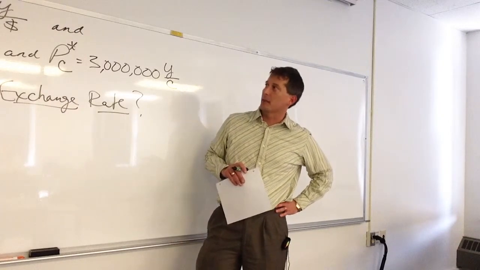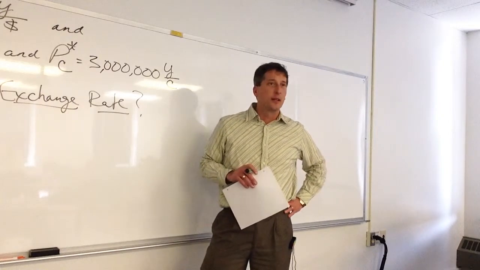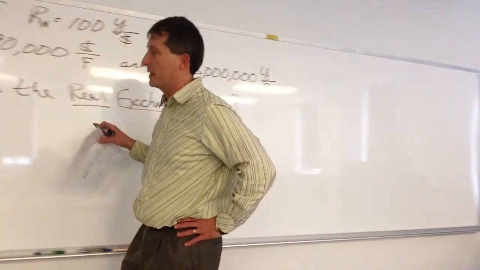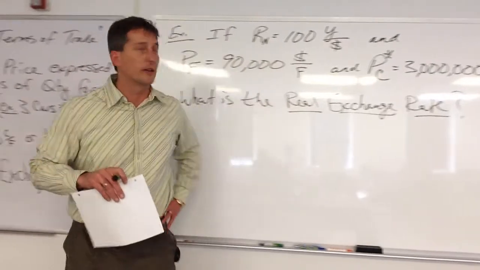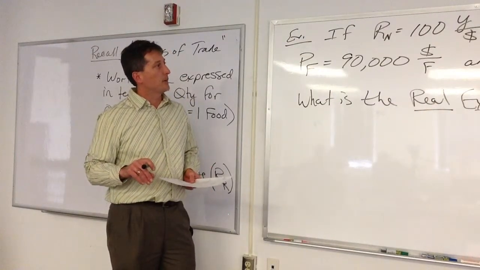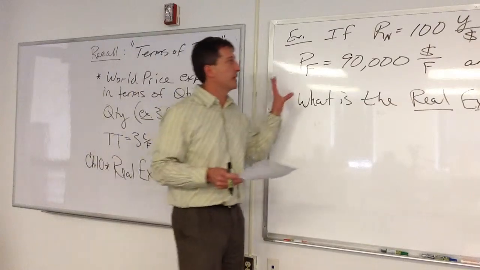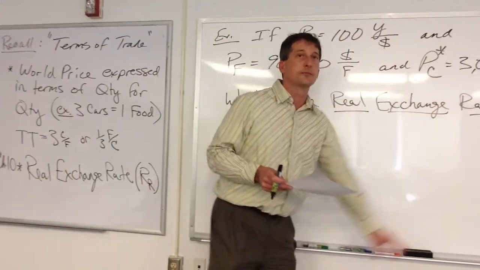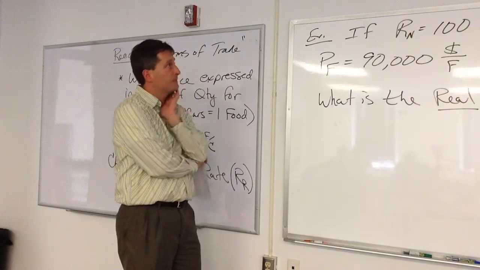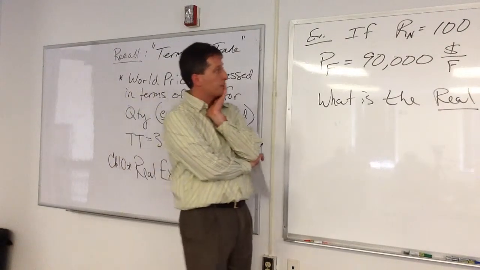Yes, we want to convert that. So if we're thinking about the relative price in our country of one good versus the other, we need to do a little conversion and solve it out. So play around with that, see what you get. Play around with the numbers here.